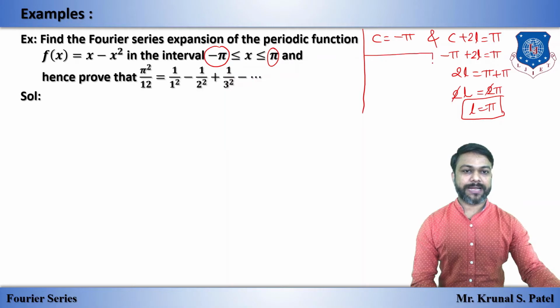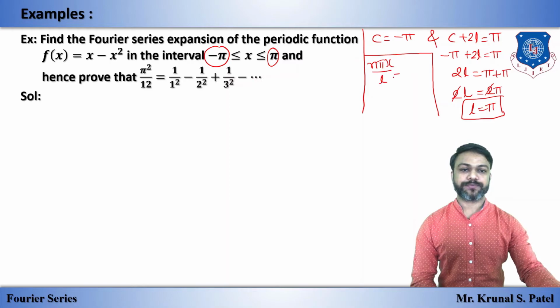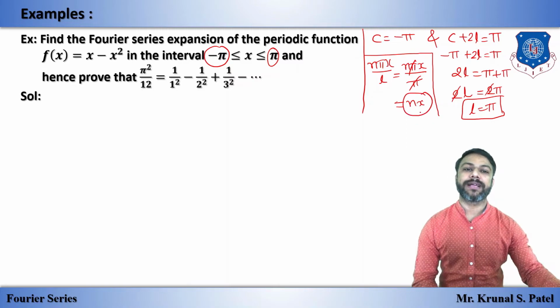As I told, after getting l, we will find the angle n pi x by l. As we have n pi x by l is our pi, by cancelling out pi we have the angle nx. So in this example we will use angle nx and l equal to pi. This is our rough work, no need to show it in the example.